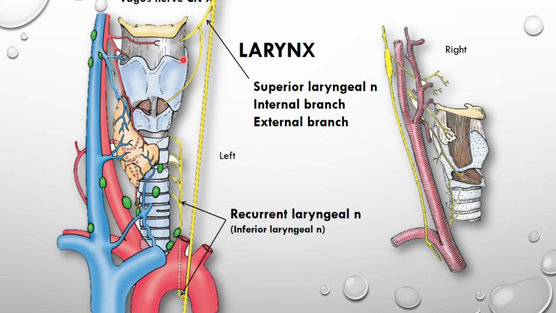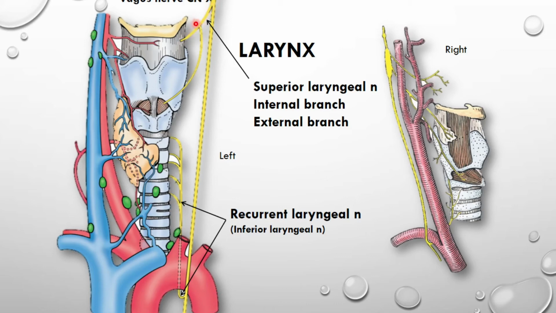So we have, this is the main vagal trunk here, and actually the vagus nerve is running down into your chest and into your abdomen to supply parasympathetic supply to your lungs, heart and gut. But as it does that, it also gives off some general motor and general sensory branches.